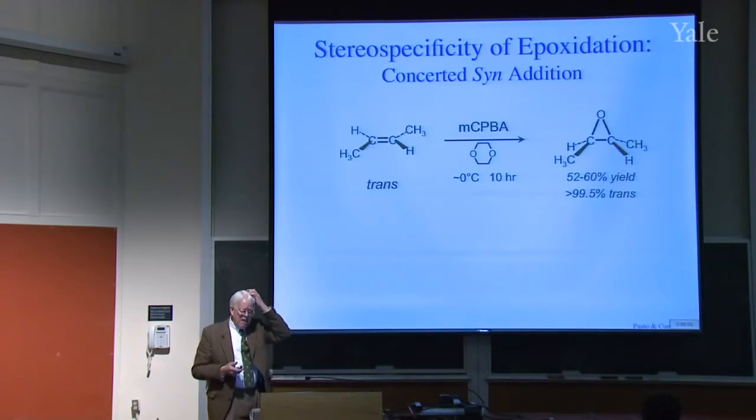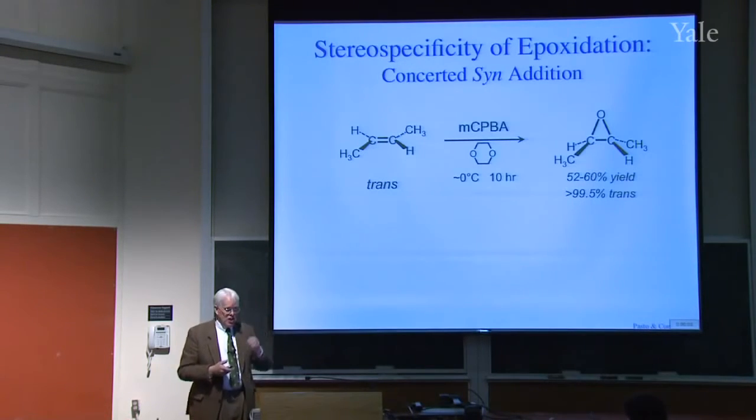Okay, now, stereospecificity of this epoxidation. If the oxygen is really being transferred this way all at once, the two new bonds have to be on the same face of the double bond, right?